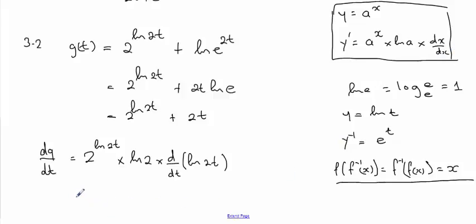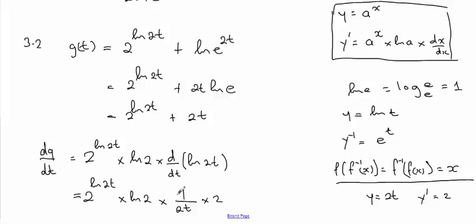So then, differentiating slowly, we've got here 2 to the ln 2t. Already that's the derivative of the exponential function, multiplied by ln of 2, which is ln of the base. Then differentiating here, we multiply by 1 over the argument, which is 2t, multiplied by the derivative of the argument. We're differentiating 2t, a simple linear function. The derivative of that will be simply 2, so we multiply here by 2.